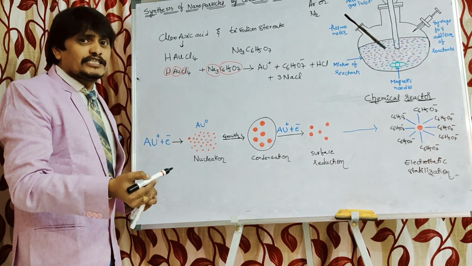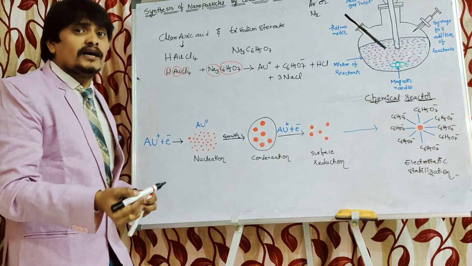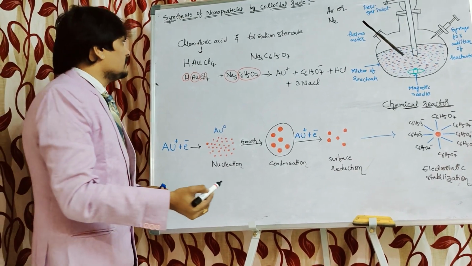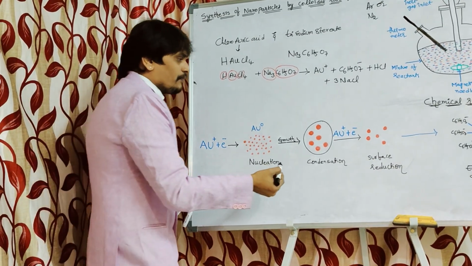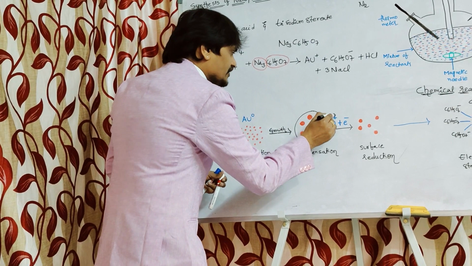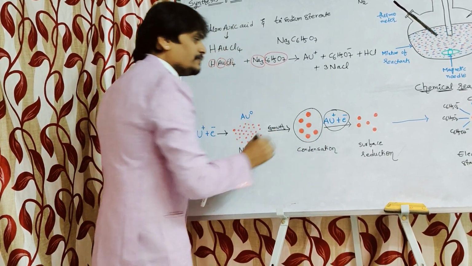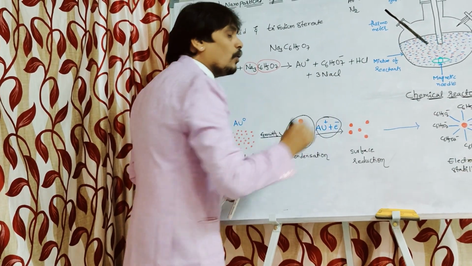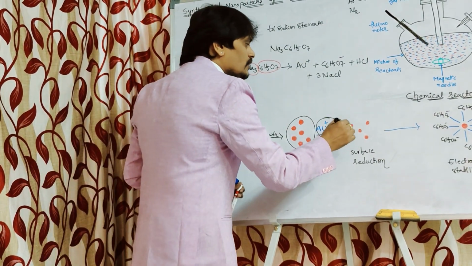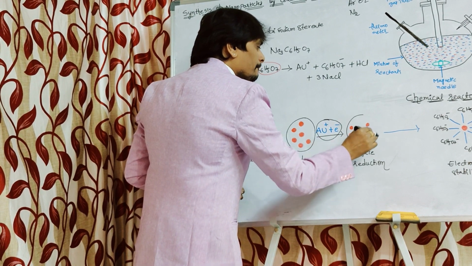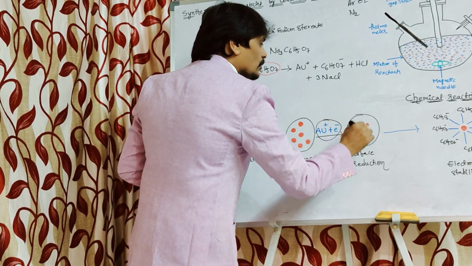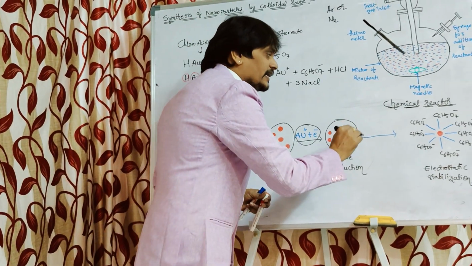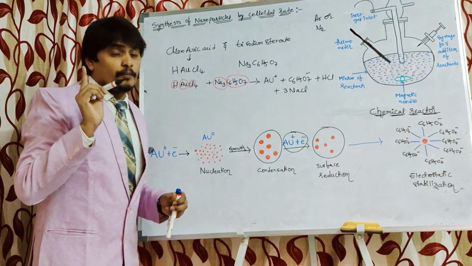This reaction takes place until all the Au plus ions in the chloroauric acid are finished. Further reduction takes place on the surface of the gold. So we got gold nanoparticles, students.